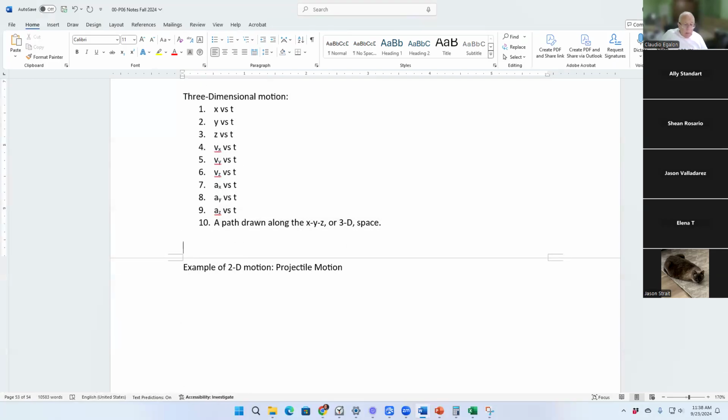Okay. Projectile motion. Definition. What's the definition of projectile motion? Motion subjected only to the acceleration of gravity. That's the definition.